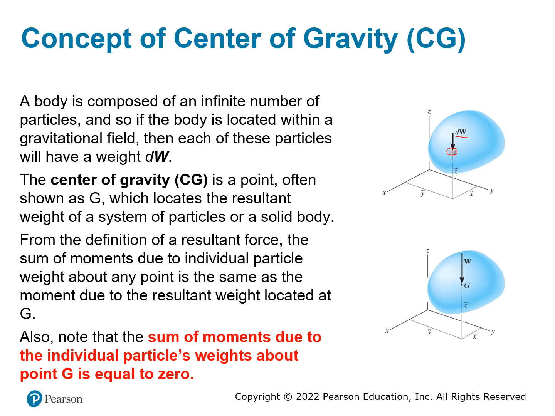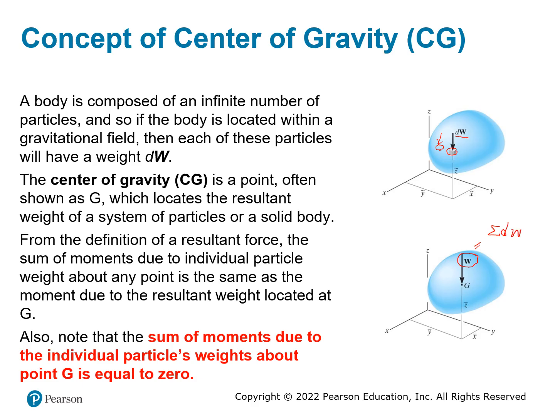Then each one of them has similar things, like a small body, and the weight is going downwards, everything going in the same direction. Our purpose is to find a location where we can sum all these weights together and represent the total weight as W. So this W simply represents all the small dW together.